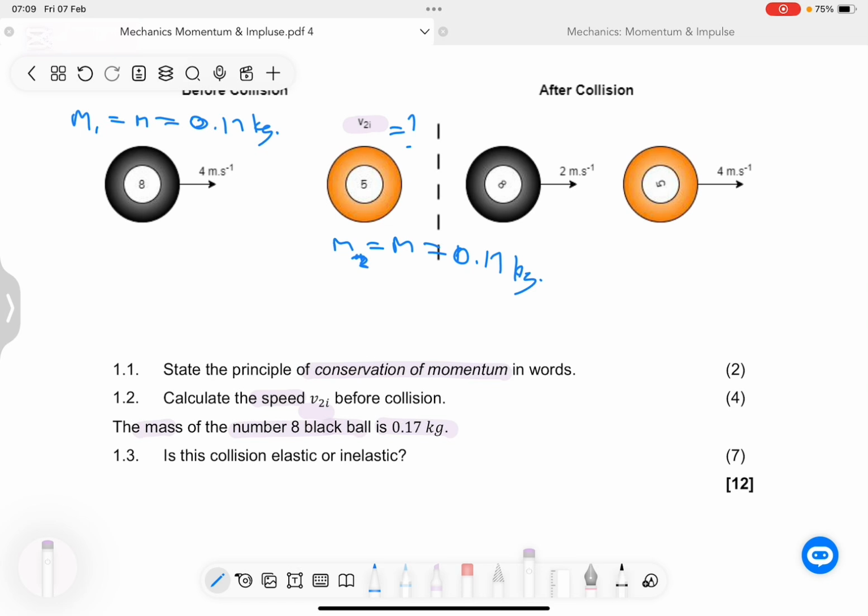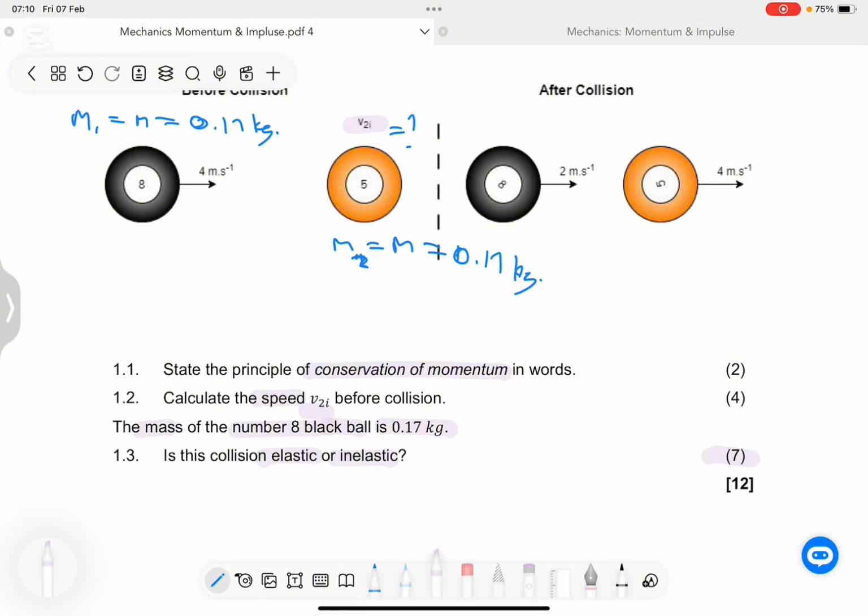1.3 says, is this collision elastic or inelastic? And very interesting, this question is worth 7 marks. Obviously, this means we're going to run a calculation to get 7 marks. Remember the definitions of elastic and inelastic collisions.